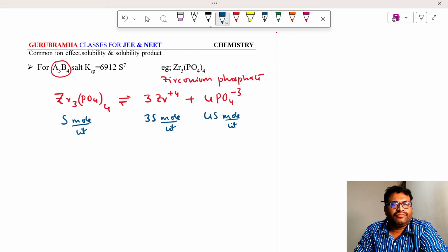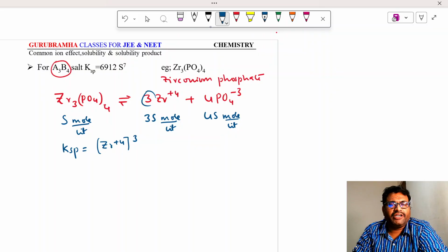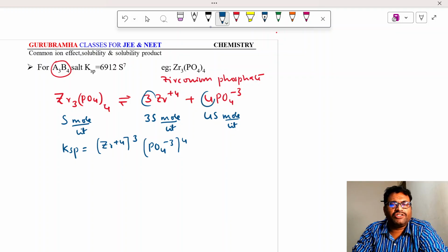Right? Then KSP, solubility product, can be written as zirconium concentration power 3, because we have 3 here, and phosphate concentration power 4, because in the stoichiometric equation we have 4.